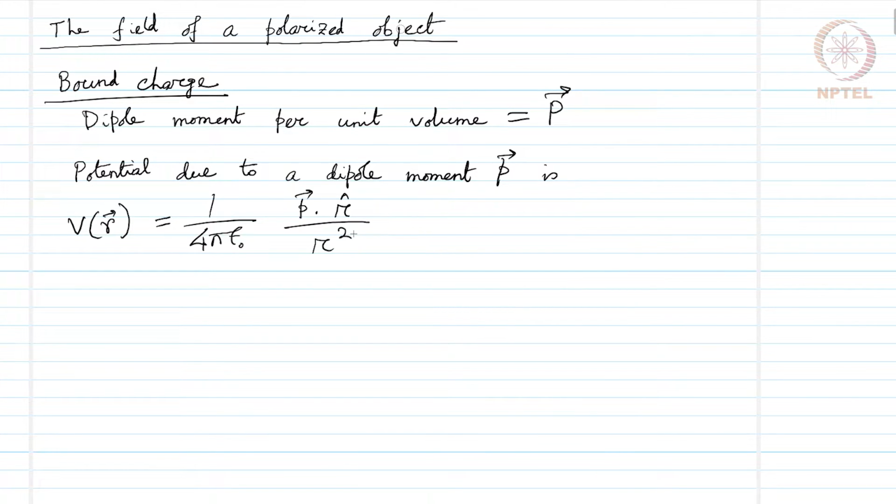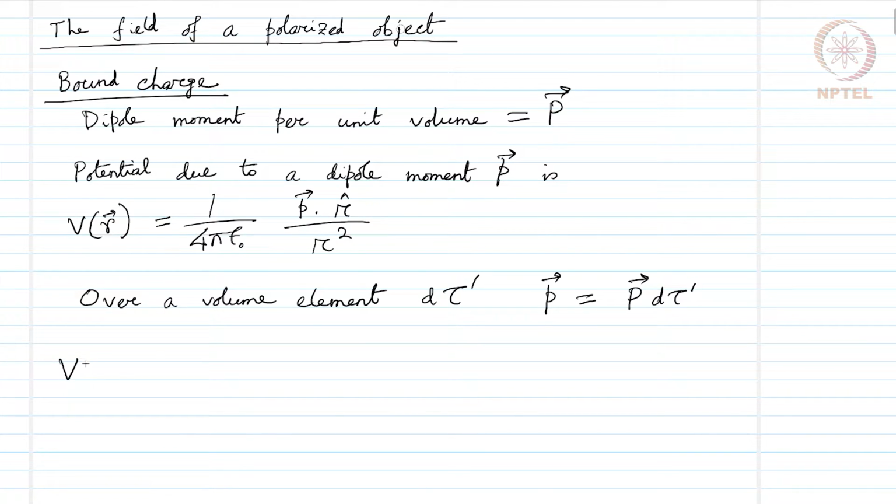Now that we have the dipole moment per unit volume, over a volume element d tau prime, what will be the dipole moment? That would be the polarization vector multiplied with d tau prime.